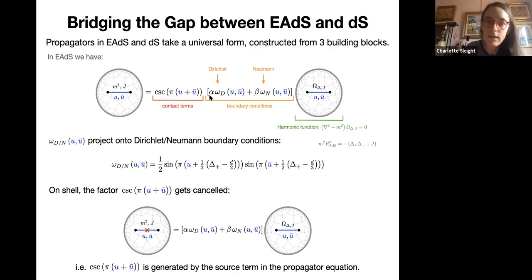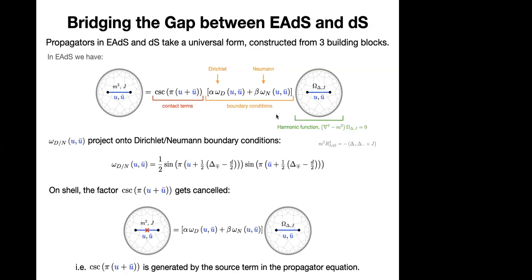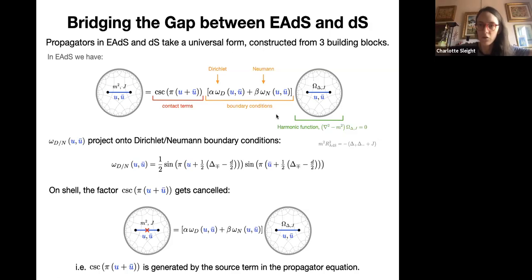Otherwise, at this level, these coefficients alpha and beta are arbitrary, because the Dirichlet-Neumann boundary conditions are the most general solution that respects conformal symmetry at the boundary. I see. And if you want, you can choose one of them to be 0 or a specific choice. But of course, there are only some cases where it makes sense to choose a Neumann boundary condition, to preserve unitarity, for instance. But at this level, these coefficients are arbitrary.